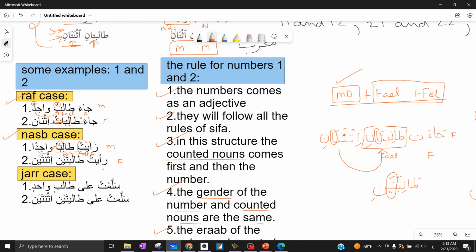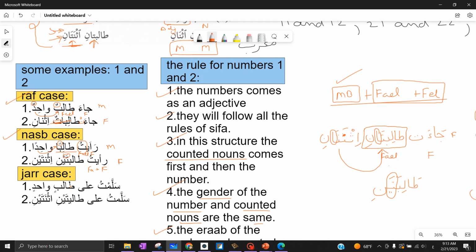Here we have our fi'l, fa'il, then comes the maf'ul bihi, which is always in mansub. So that's why this dual noun is in mansub case. As you can see, there is a fatha over the ta and ya. So talibatayni is in mansub, and that's why number 2 is also in mansub. It is the sifa following the mawsuf.